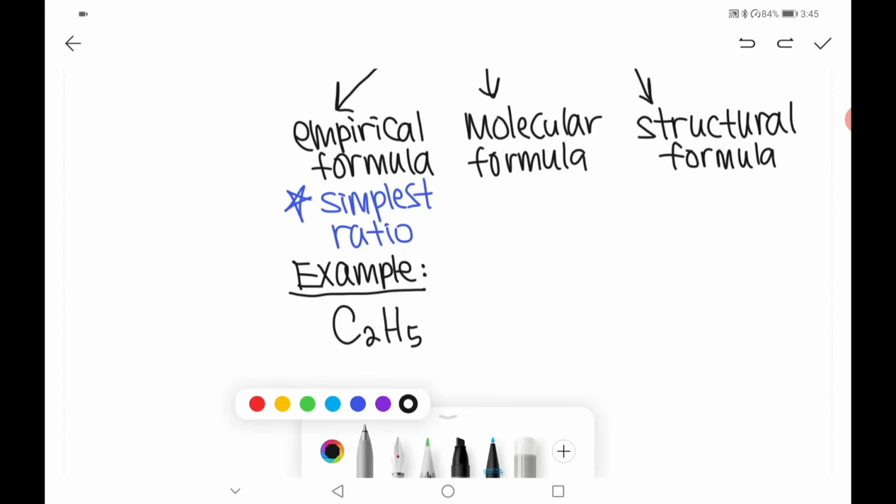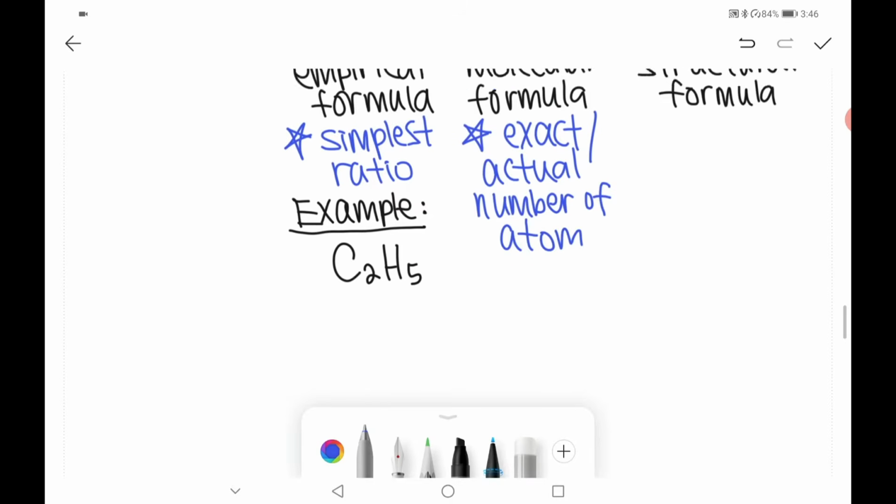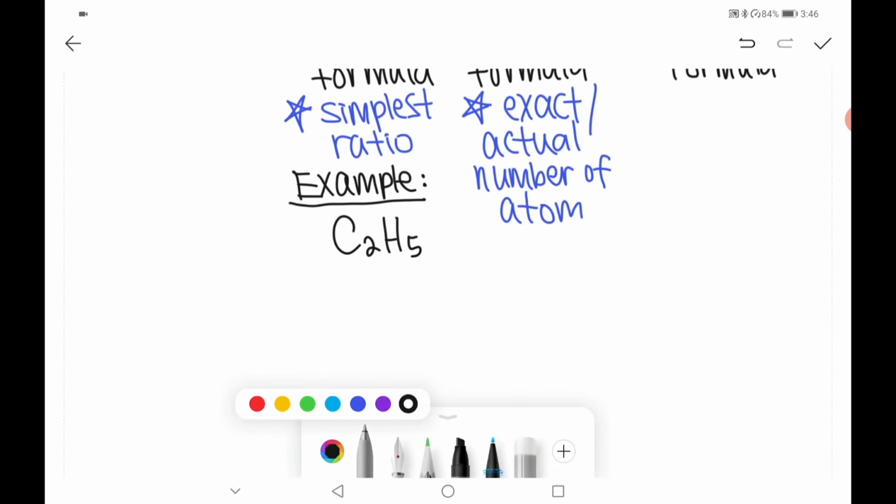Molecular formula, on the other hand, will show you the exact number of atoms. You can use the word exact or the word actual. So you will know exactly how many atoms you have without simplifying.